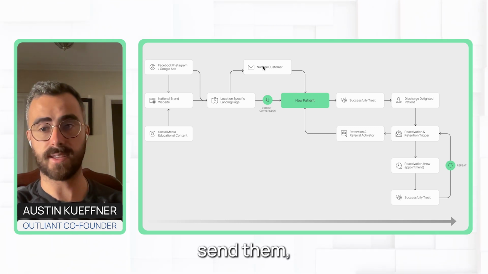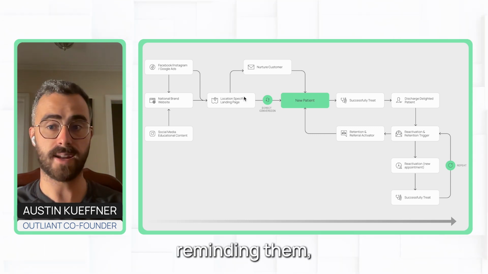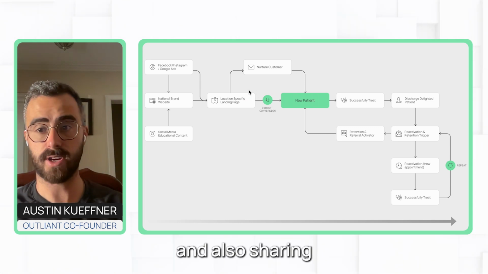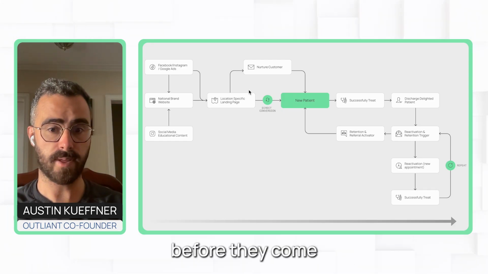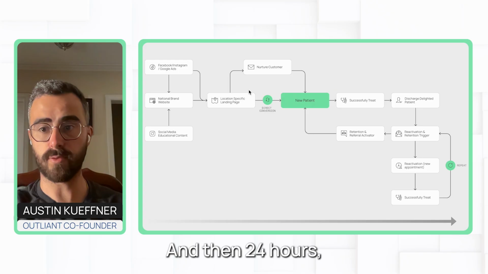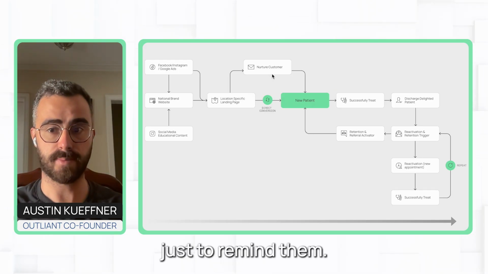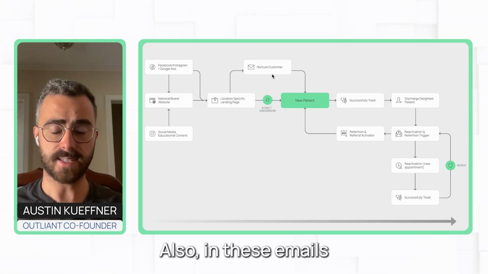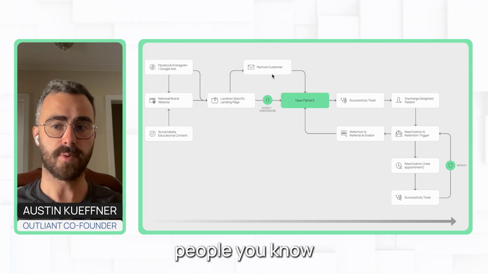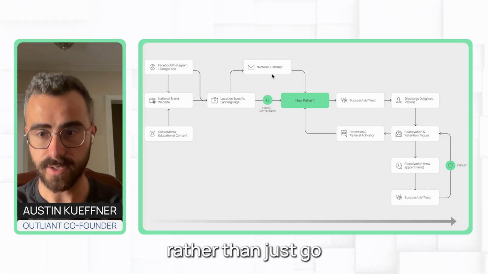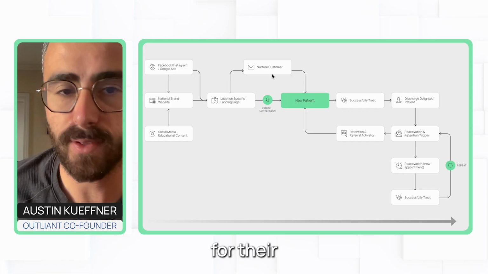At 48 hours, you want to send them another email just reminding them of the appointment and also sharing with them some of the things they need to do or know before they come in to visit. And then at 24 hours, you want to send an email and text just to remind them. Also, in these emails and texts, you want to make it easy to rebook, so that people do rebook rather than just ghost you and not show up for their appointment, right?